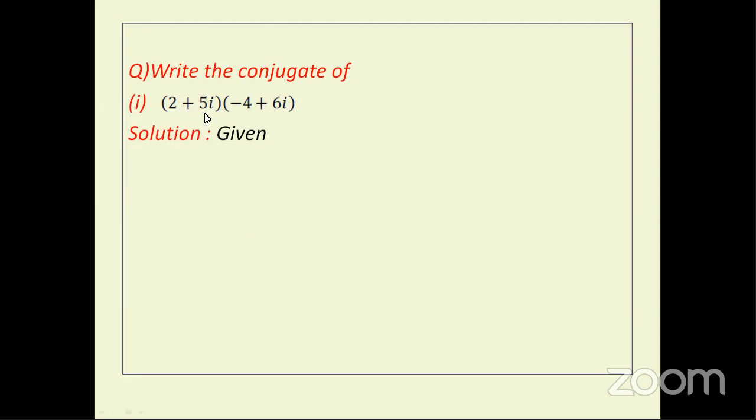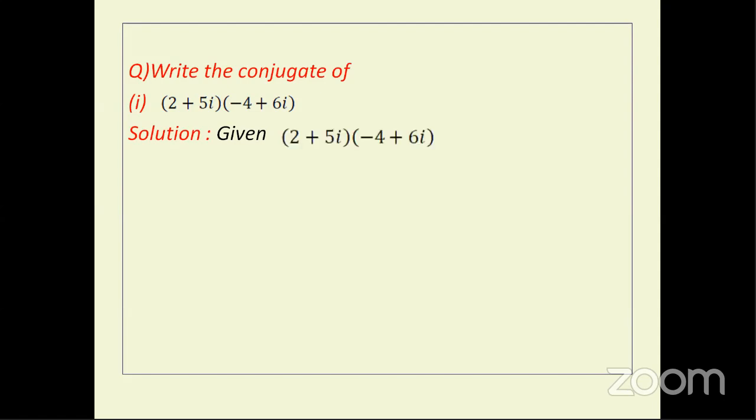Whenever a problem is given to you, first try to bring it to a form where you find one single complex number. Here you have a product of two complex numbers. So when you are reducing it, that means you are simplifying the problem and getting it into a plus ib form.